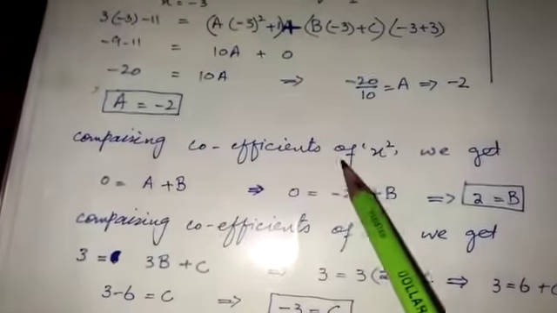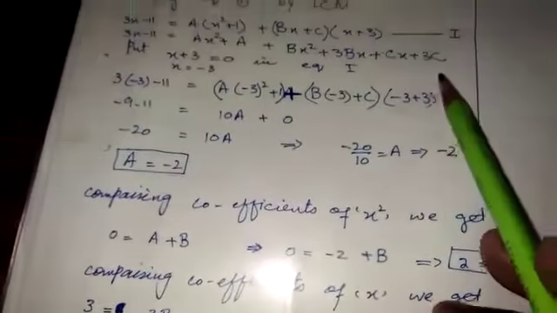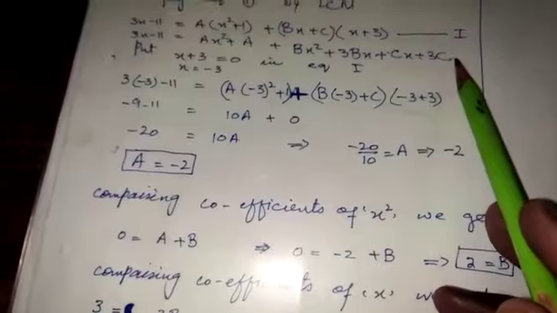A is −2. Now comparing coefficients of x² from the expanded equation.